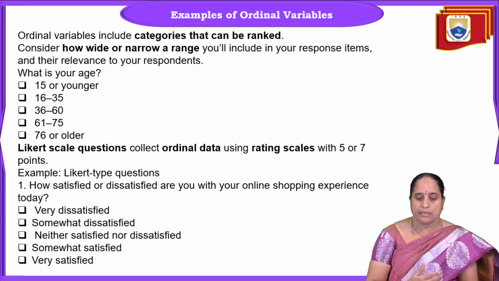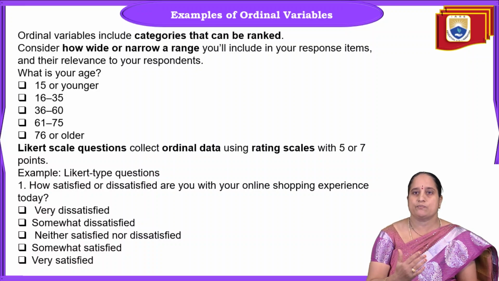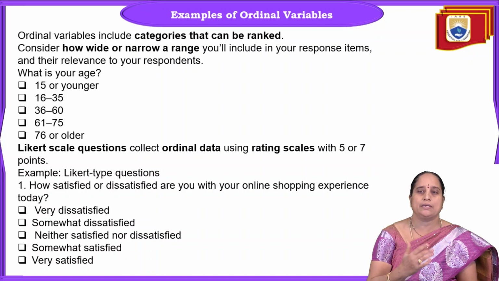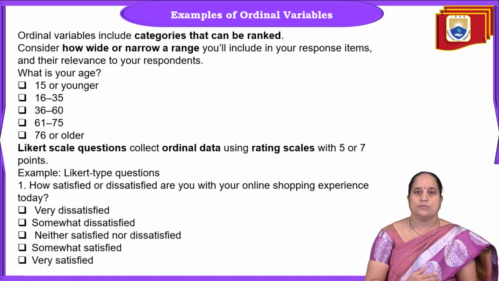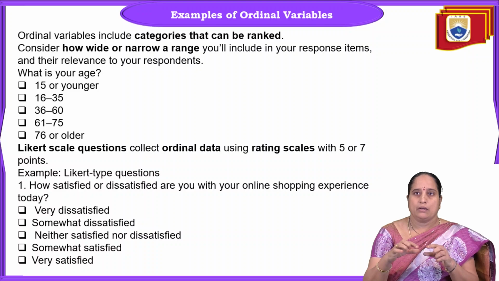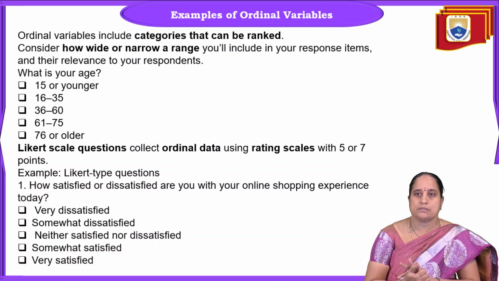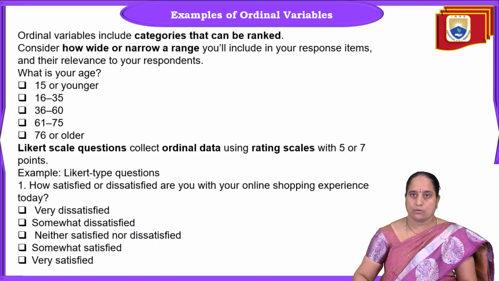For example, how satisfied or dissatisfied are you with your online shopping experience today? We used to give a scale which possesses either 5-point or 7-point rating scales: very dissatisfied, somewhat dissatisfied, neither satisfied nor dissatisfied, somewhat satisfied, or very satisfied. Based on that, they have to select one option.